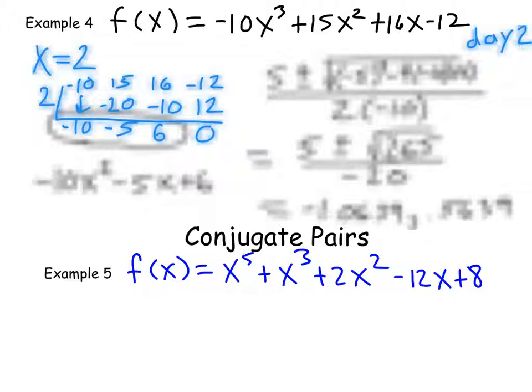Now, it is a case, because we have said, sometimes we expect to find those last two. Sometimes we don't. It all depends on what we have left here. Did we get our polynomial reduced down to a quadratic?